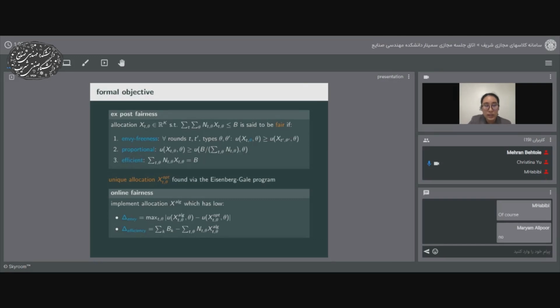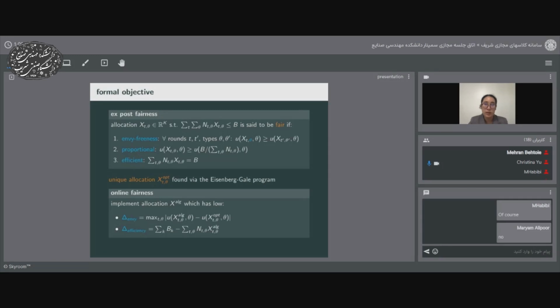Again, recall X opt is the solution to this Eisenberg-Gale program. And the second quantity we care about is this distance to Pareto efficiency. That's delta efficiency, which is going to be the amount of resources that are wasted. So it's the sum across all resources of the budget we have for that resource minus the amount of that resource that was allocated.